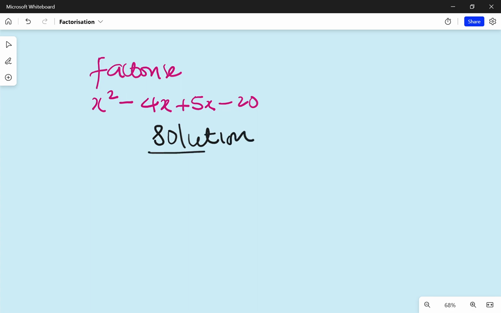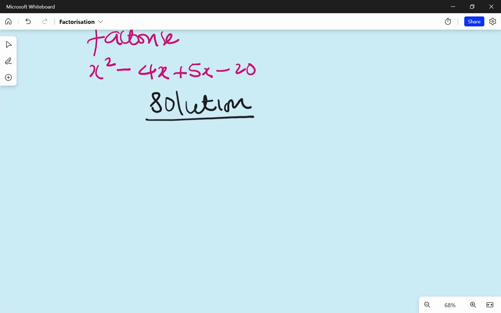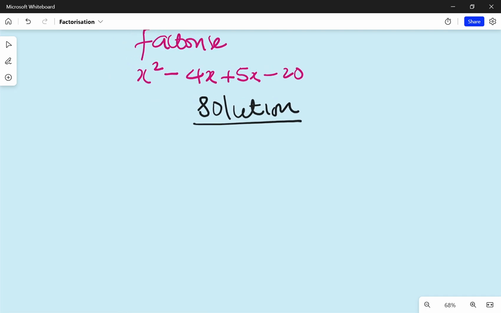Here we can still group the like terms. These are already grouped, so I'll simply say x squared minus 4x plus 5x minus 20. My middle part is just here.